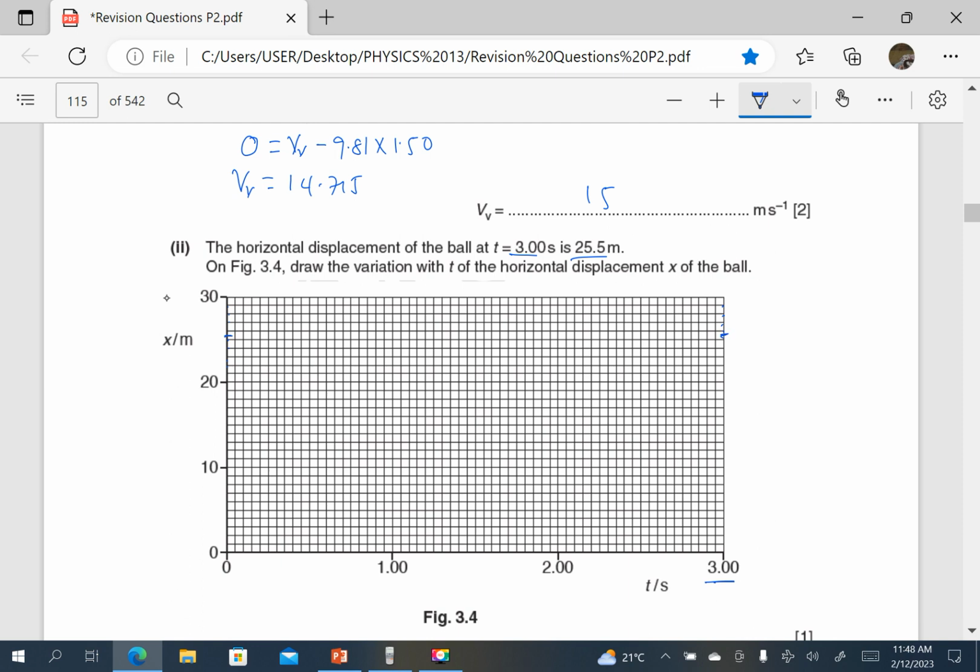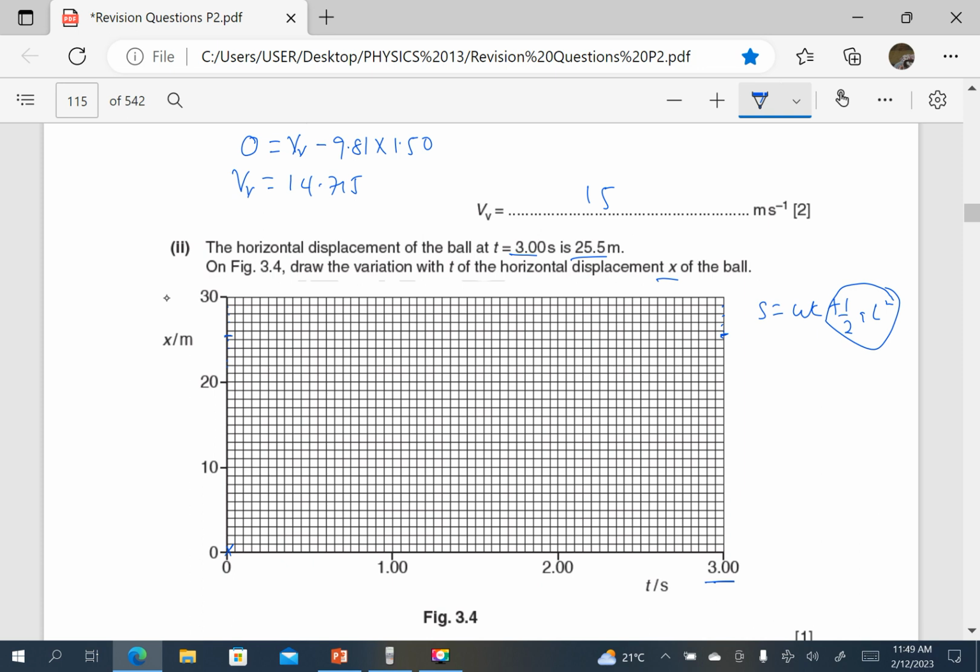Draw the variation with t of the horizontal displacement x of the ball. So how does the horizontal displacement vary? Using s equals ut plus half at squared, the acceleration in the horizontal is 0. So it means when t is 0, the horizontal displacement is 0. So the graph starts from the origin. And when t is 3.0, the horizontal displacement is 25.5.